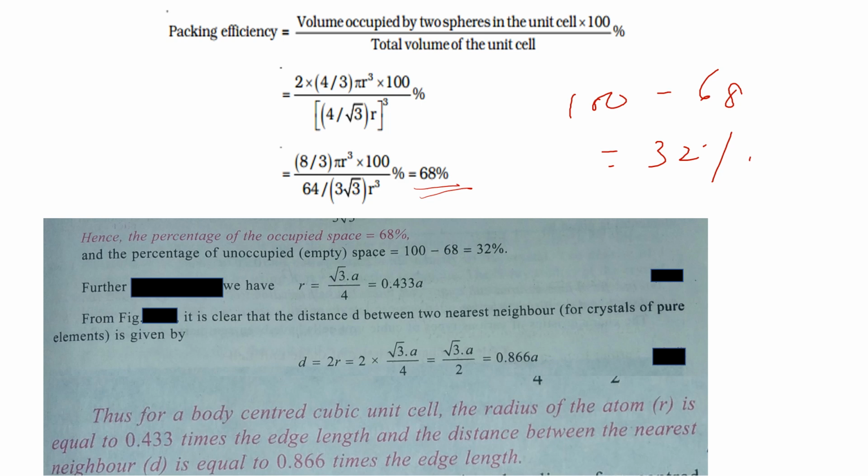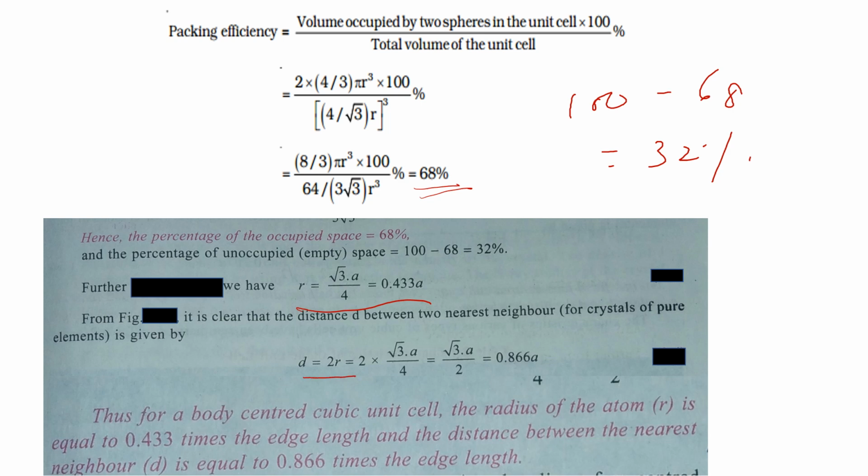Now we have R is equal to root 3 by 4 A. So the radius is equal to 0.433 A, and the distance between the nearest neighbors for crystals of a pure element is given by D is equal to 2R.